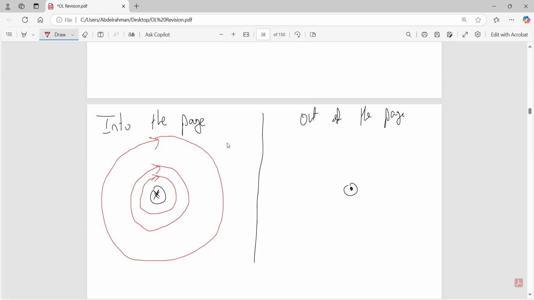Because this tells me, as an examiner, that you know that as you get closer to the wire, the magnetic field is much stronger. As you move away from the wire, the magnetic field gets much weaker. The more lines you draw, the stronger the magnetic field. The further away the lines are, the weaker the magnetic field.